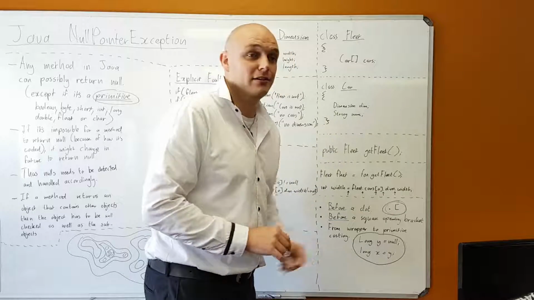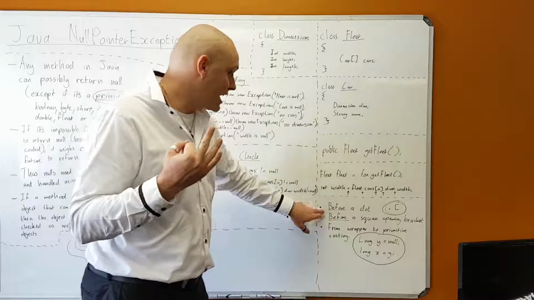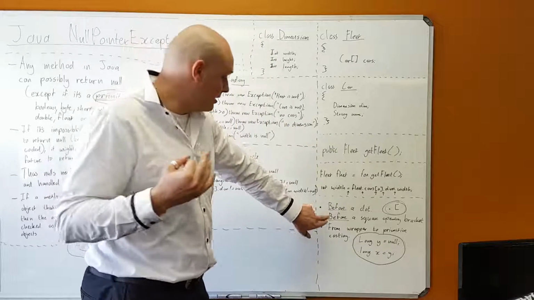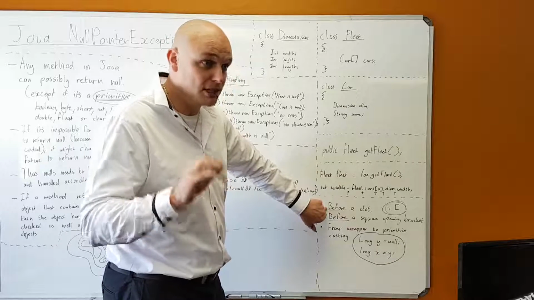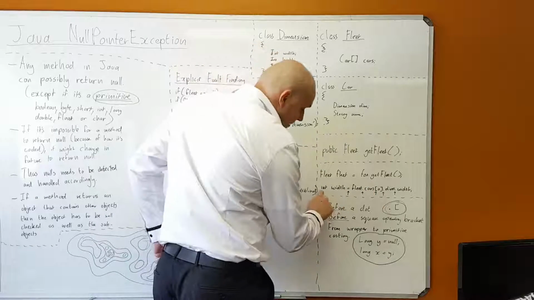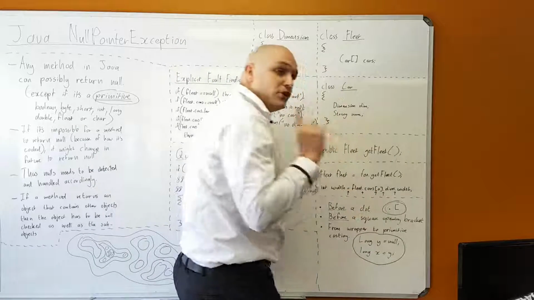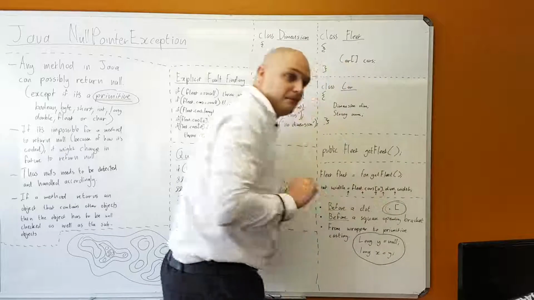Even though it's just one line, 5 possible. 3 of them fall in the first category, and also note the word before. A lot of you guys get it wrong. It's before the dot. So you look at the whole line, from the beginning to the end, and find all the dots. There's a dot there, and there.